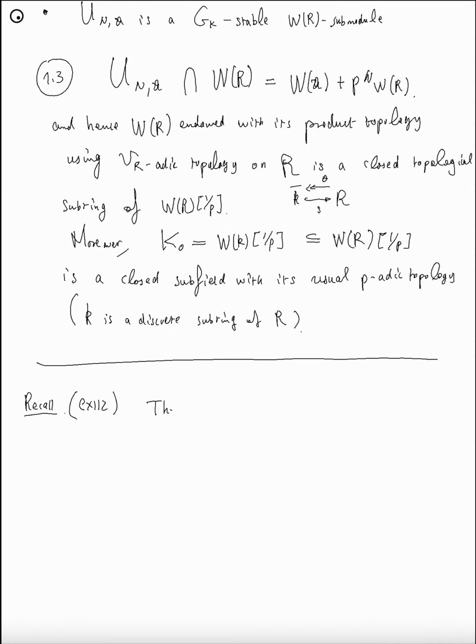We claim that the K0 algebra B_dR^+ contains a copy of K bar, a unique copy of K bar actually, as a subfield over K0.